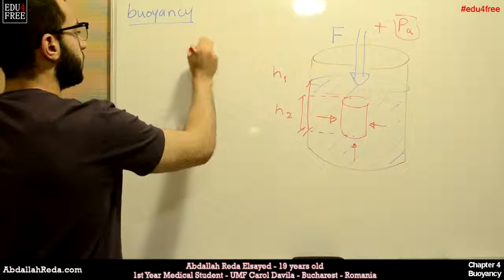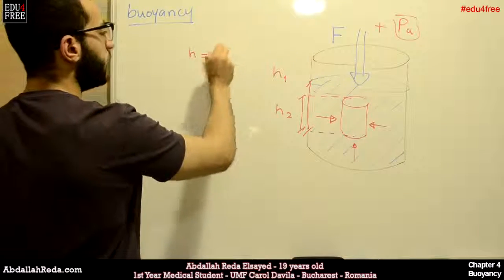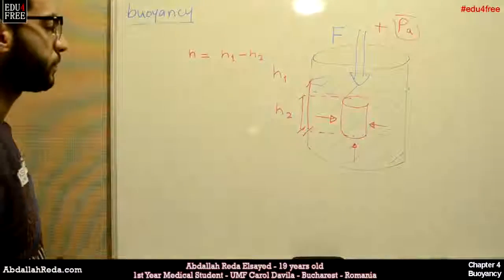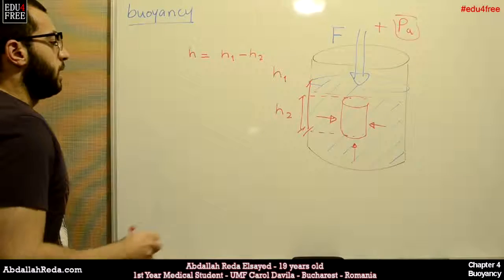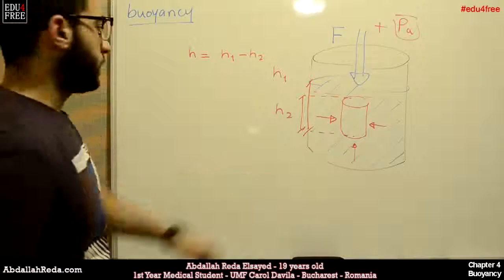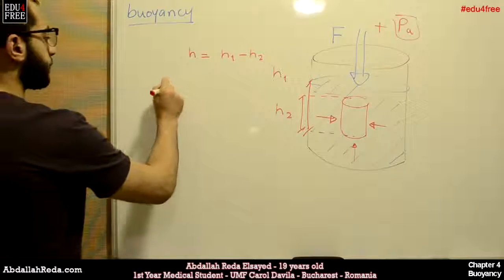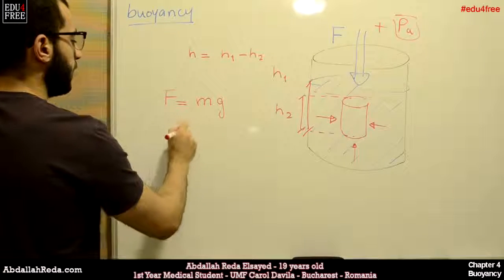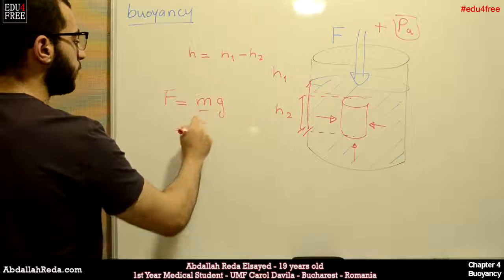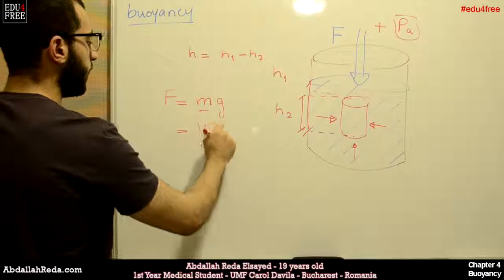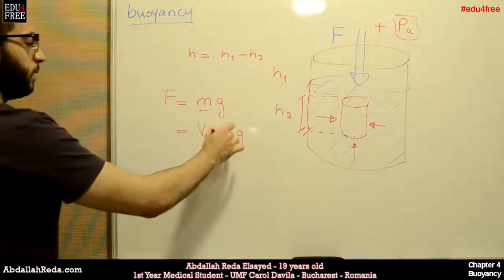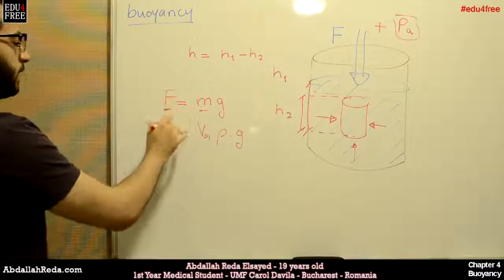So h equals h1 minus h2. And in order to calculate the force, we know that the force equals mg, and the mass here equals the volume multiplied by the density, then multiplied by the gravity. We get the force.